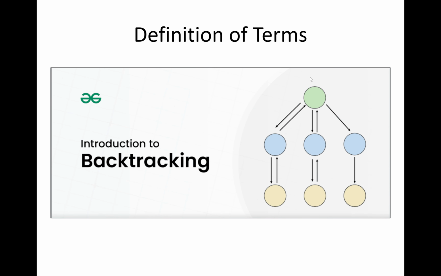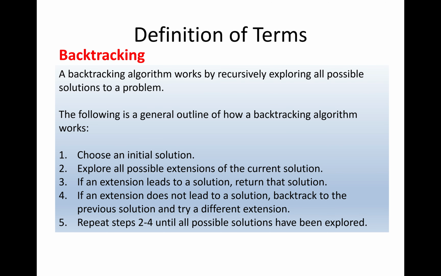And then I will talk about backtracking. The main algorithm of the Sudoku solver is backtracking. A backtracking algorithm works by recursively exploring all possible solutions to a problem. The following is a general outline of how a backtracking algorithm works. 1. Choose an initial solution. 2.